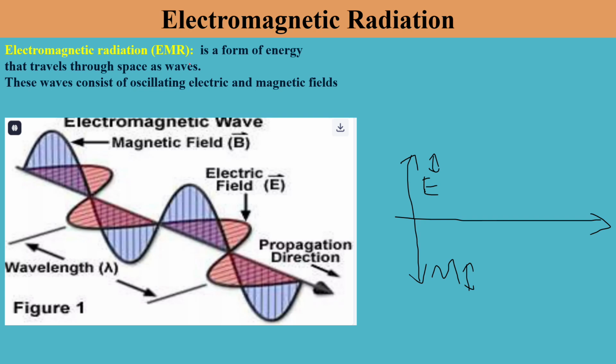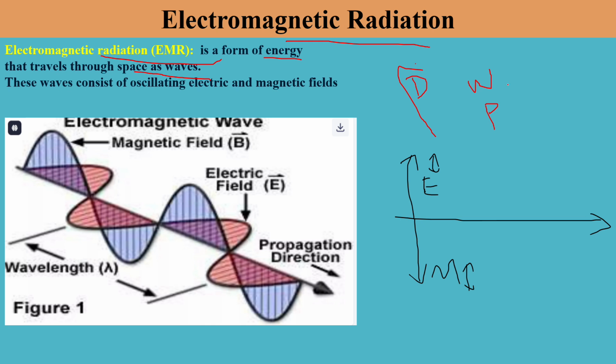If we talk about electromagnetic radiation, it is a form of energy that travels through space as a wave. Electromagnetic radiation has a dual nature, a wave nature and a particle nature.